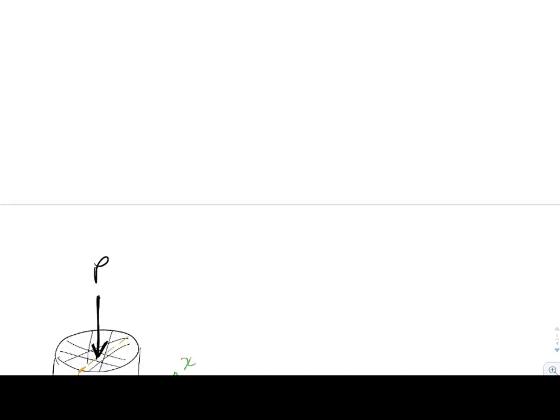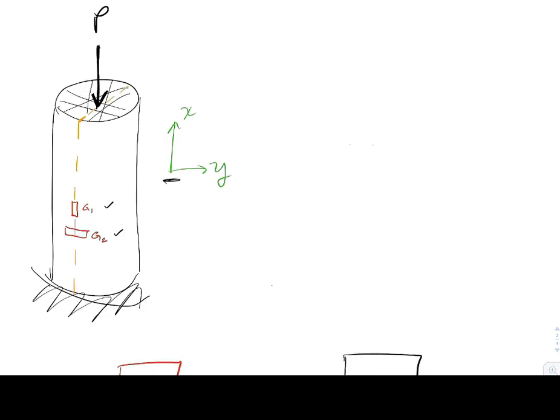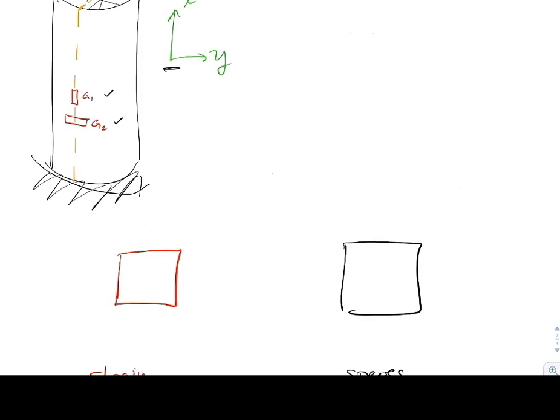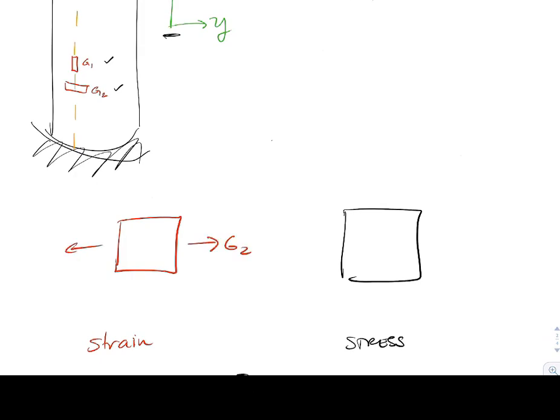So let's come down here and redraw with some axes on. We'll put X along the longitudinal axis, Y in the hoop direction. I'm going to call the gauges G1 and G2. All we're going to do is talk about the strain state and the stress state. There's quite a bit that we do know about this. In the hoop direction, it's going to be G2, and that has a value from the problem statement.